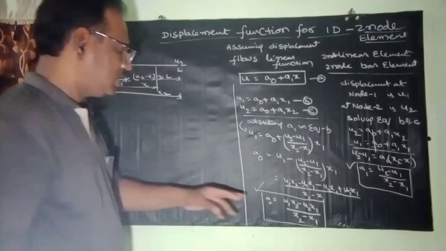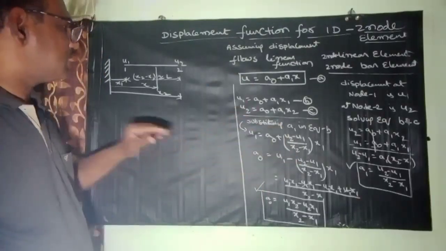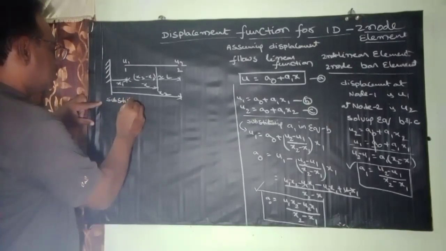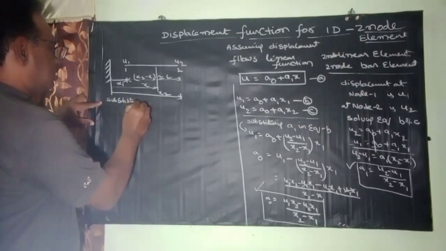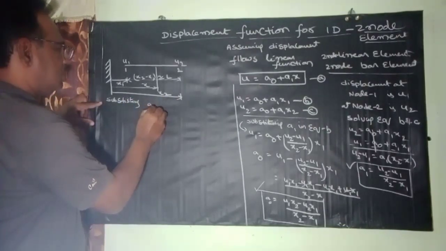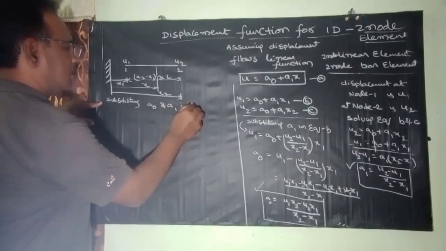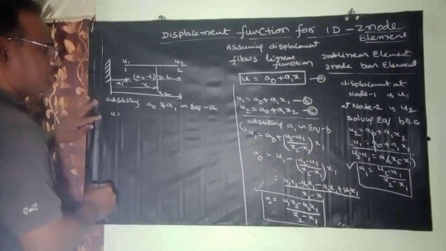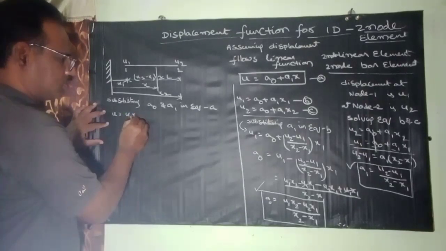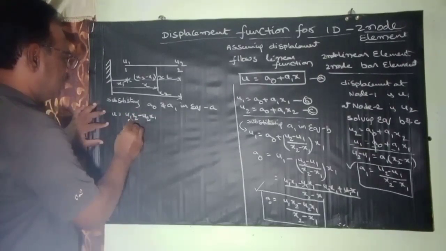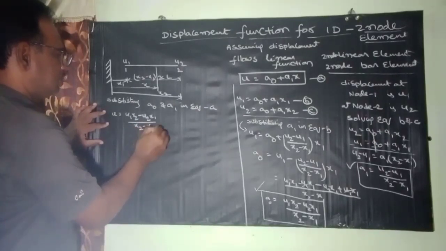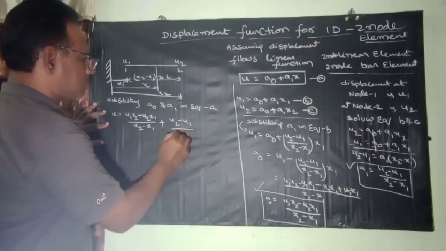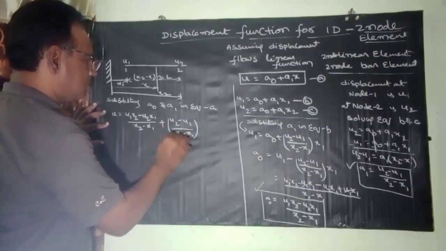So now I am substituting a0 and a1 in equation A. Then what is the u displacement function? u equals a0, which is u1 x2 minus u2 x1 by x2 minus x1, plus a1, which is u2 minus u1 by x2 minus x1 into x.